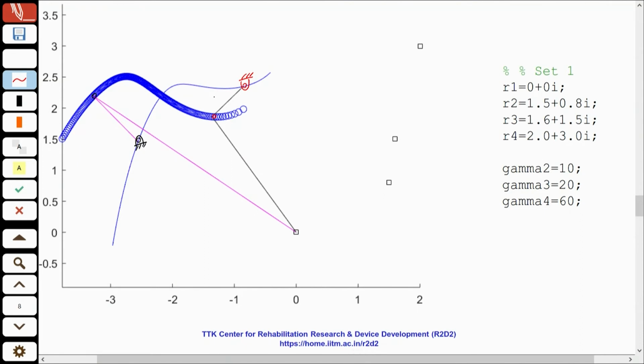So, my two dyads: one dyad is say Z1 and Z2, and the other dyad would be say Z3 and Z4. These are the two dyads I have solved for, and this becomes my linkage.